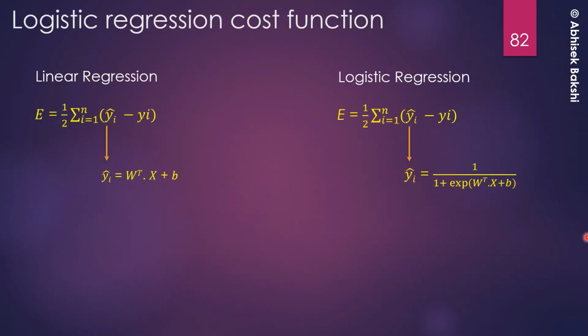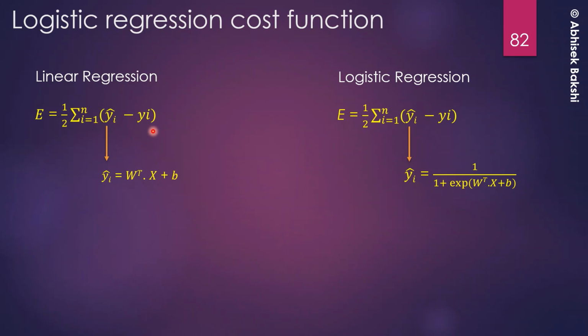So you see here, if you try to compare the cost function that you are using in linear regression and the cost function that you are going to use for logistic regression, you will see that there is basically no change in this particular equation for error. Obviously, error means the predicted output minus the actual output that I have in my hand, which is nothing but yi cap minus yi, where yi cap means the predicted one and yi means the actual one for the ith input.